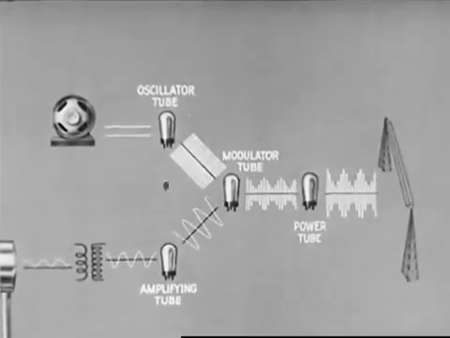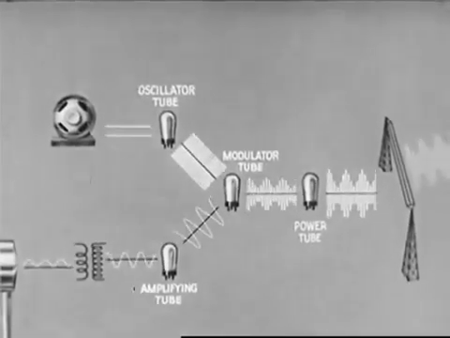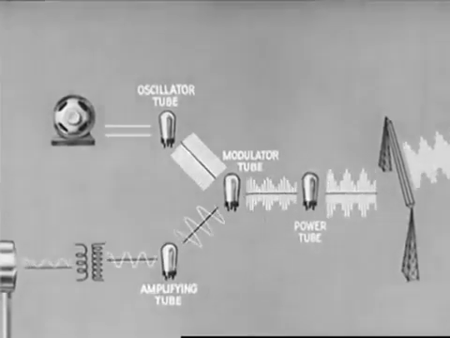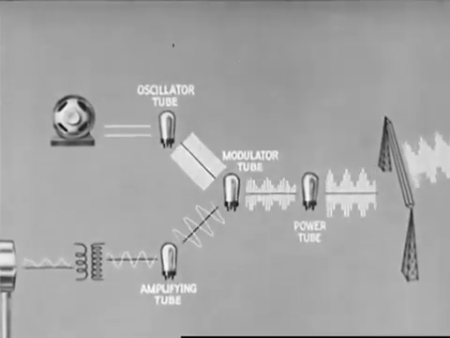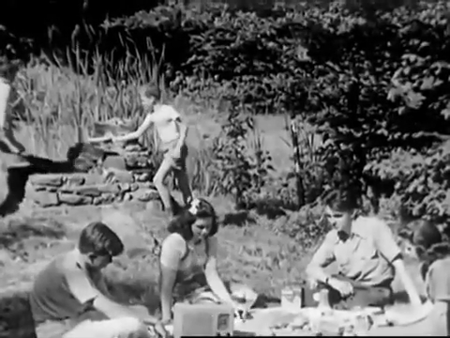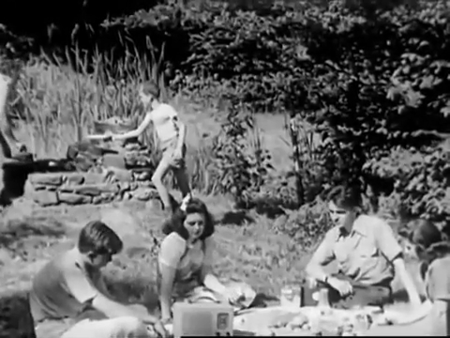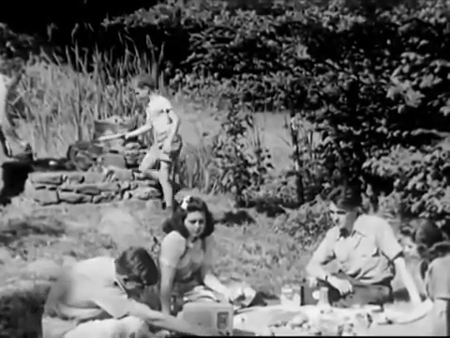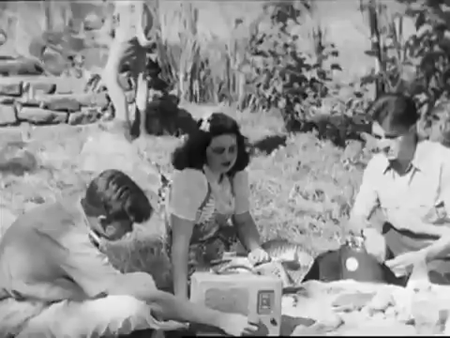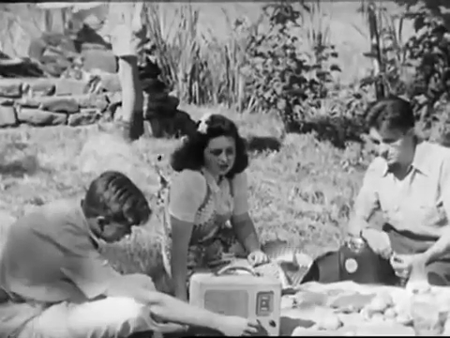Here the radio frequency sets up electromagnetic waves, which travel out into space with a speed of 186,000 miles a second. When these waves strike the antenna of a receiving set, this entire process is reversed. We hear sound originating at that very moment, hundreds or even thousands of miles away.